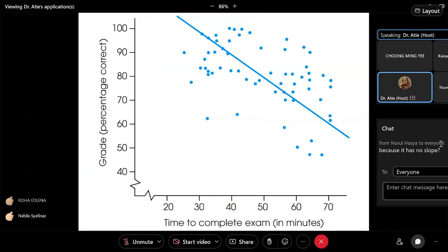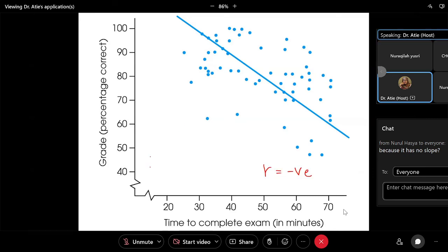Okay, how about this one? Is there any relationship or not? What do you think? Nur Akila, is there a relationship between grade and time to complete the exam? Yes. Okay, positive or negative? Negative. So the relationship is negative. What does it mean?